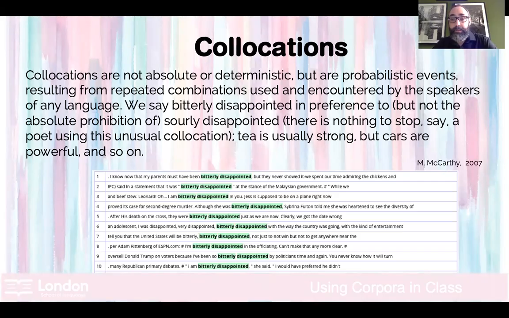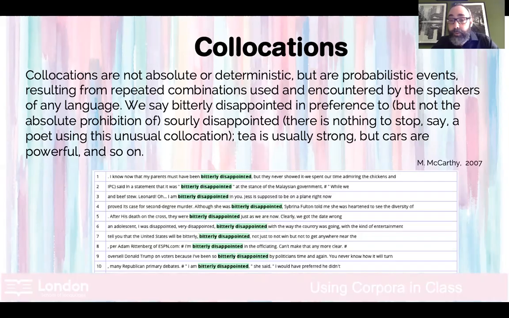Well, because it is used like that, and because statistically they tend to appear like that. So collocations are not absolute or deterministic. They are probabilistic events. It depends on statistics, the percentage of times they appear together, resulting from repeated combinations used and encountered by the speakers of any language.